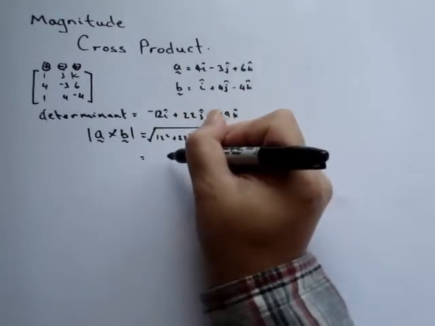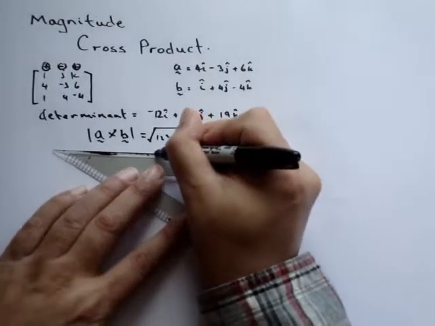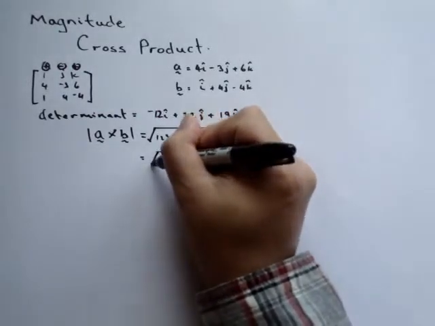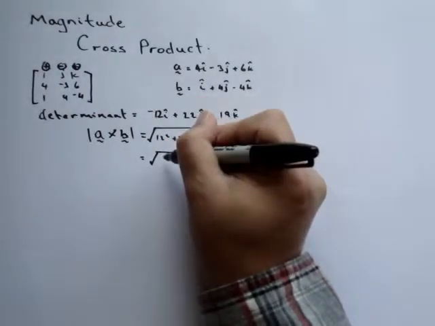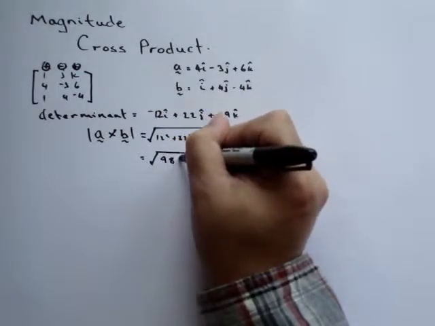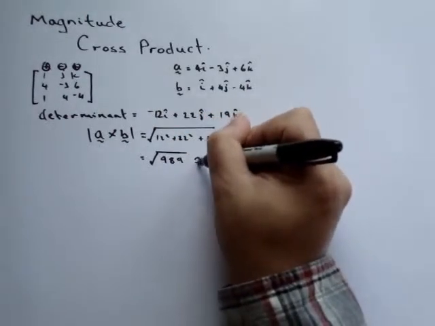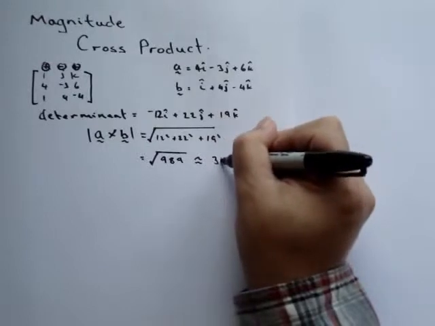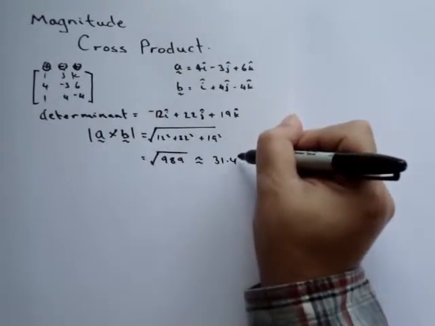This is the square root of 989, and that's approximately 31.45.